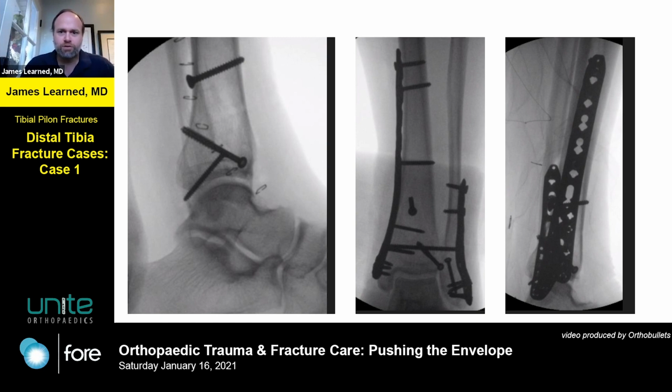So thank you. First off, full disclosure: this is a case that everybody can look through the details of, because this is on OrthoBullets and it's not my case. I'd like to thank OrthoBullets and the author for sharing this and making it available to us. I think it's great because now everyone can go back and not just say, what did it look like again?